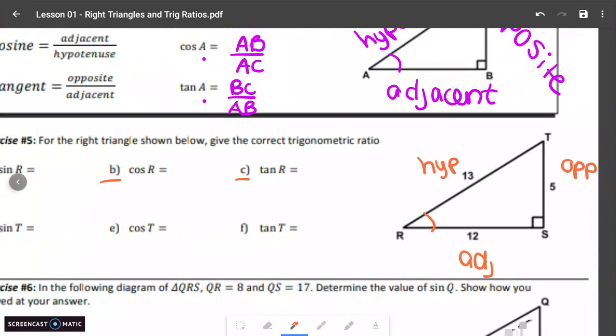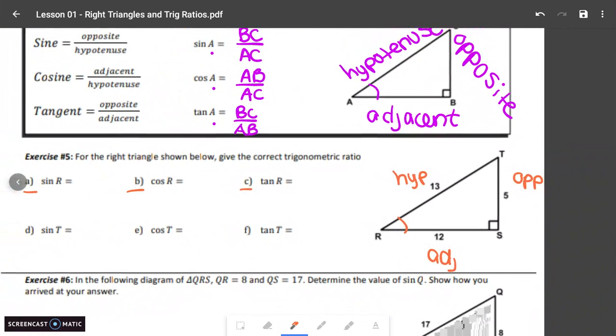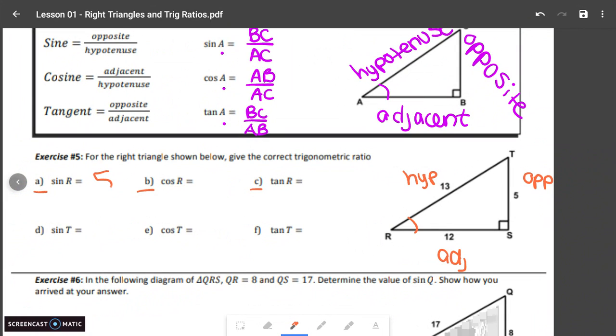So that being said, for sine of R, opposite is 5 over the hypotenuse is 13. The adjacent is 12 over the hypotenuse of 13, and the opposite is 5 over the adjacent is 12. And that would be for angle R.